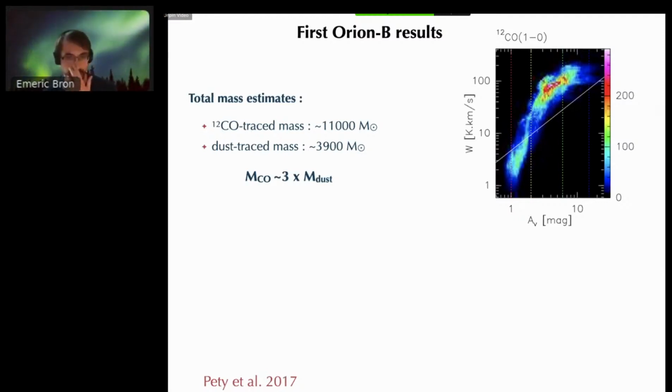And here in this cloud, we could easily study this and find that it's actually the CO deduced mass that's higher than the dust traced mass. So contrary to the usual discussions about CO dark gas, here we have CO over bright gas.